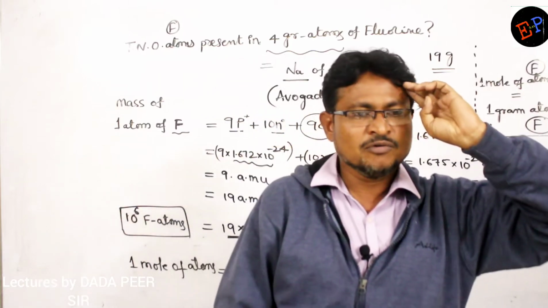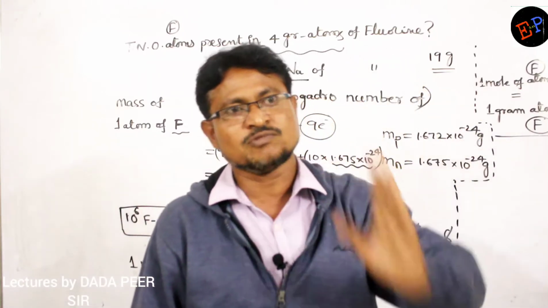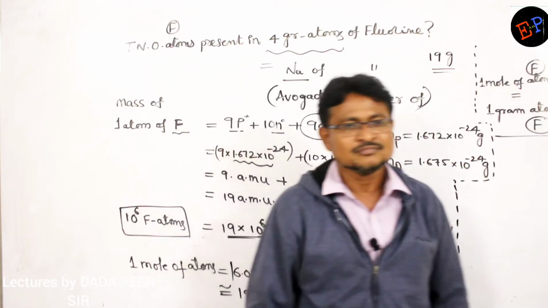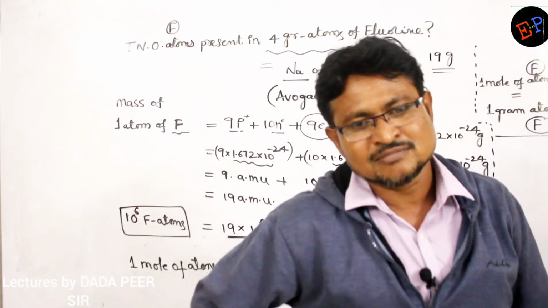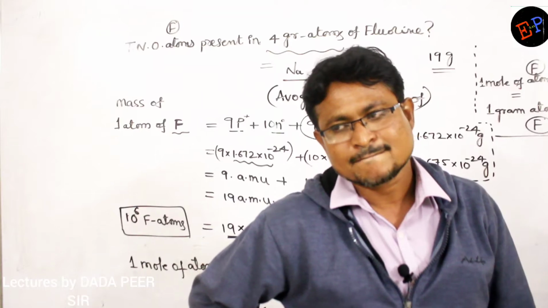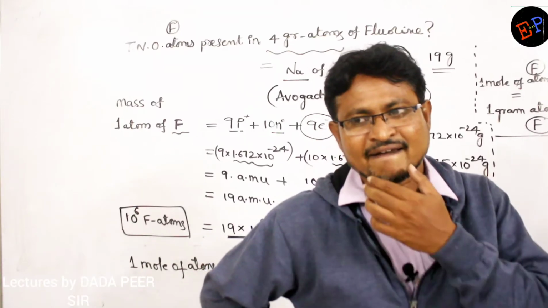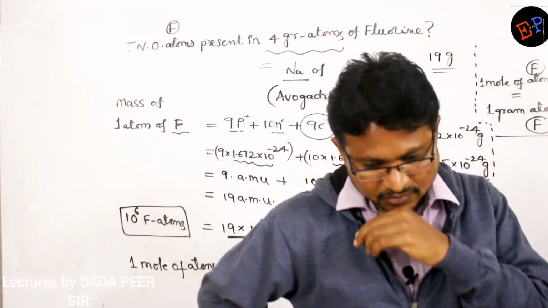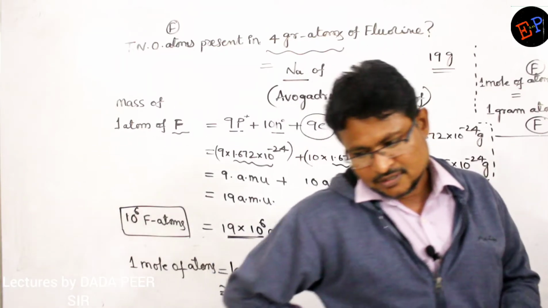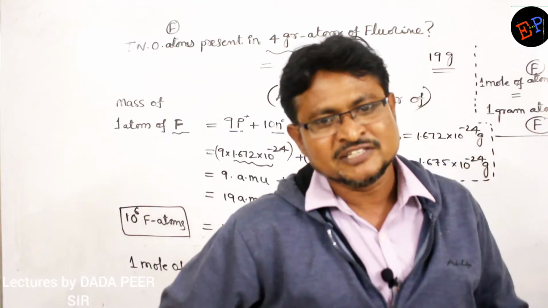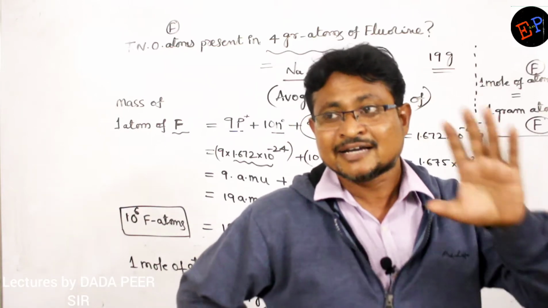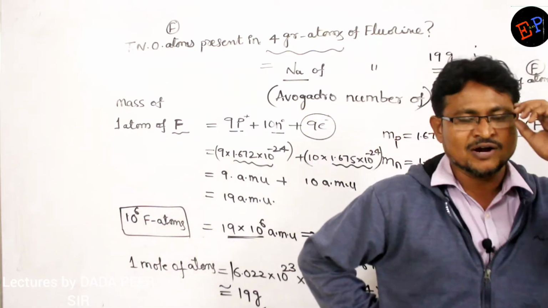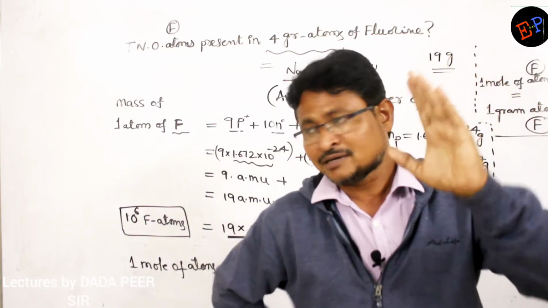One more. Now you have to do it as if drinking casual water. No doubt about that. Calculate the total number of atoms present in 10 gram atoms of lithium.